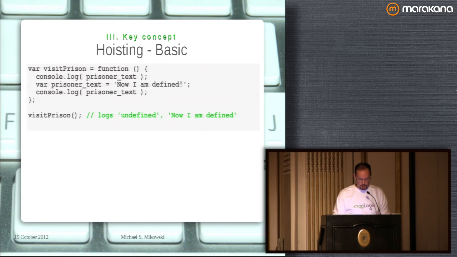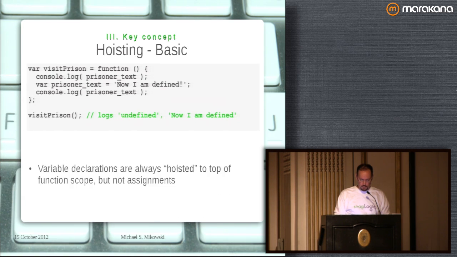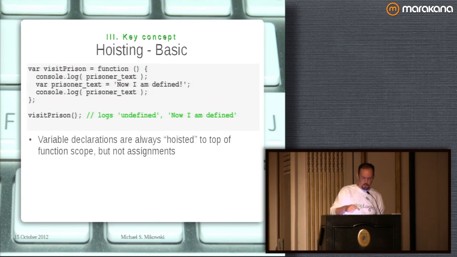Now let's talk about hoisting. In this case, we're showing how the declaration of variables is always hoisted to the top of functional scope. So in this example, in most languages, if you were to encounter this console log prisoner text, you would expect an error because prisoner text has not been defined yet.